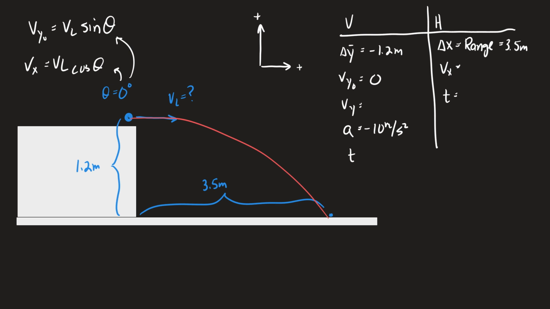That means my initial launch velocity must be 0 in the y direction. And VL is equal to Vx in the horizontal direction. All good? Go ahead. The sine of 0 is 0. That makes the initial y velocity 0. But the cosine of 0 is 1. That means that the horizontal velocity is just going to be whatever the launcher launched it at.